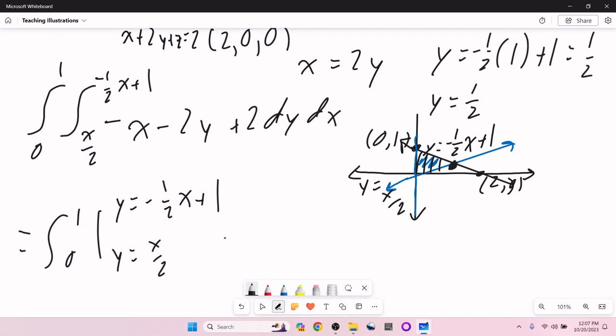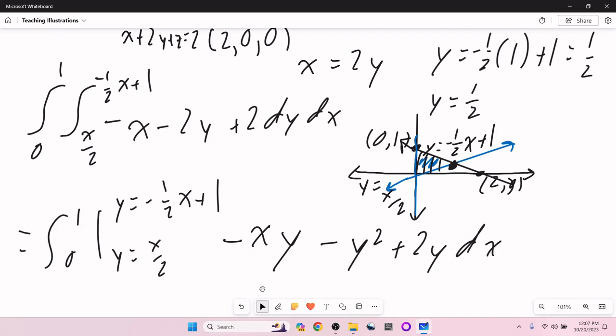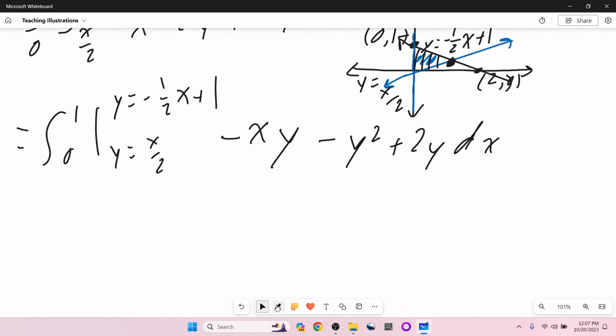And so we'll get -xy minus y squared plus 2y, dx. So now let's plug that in.